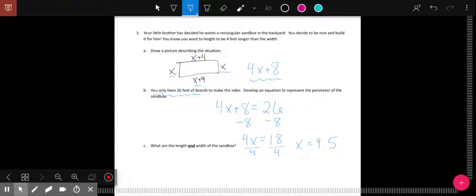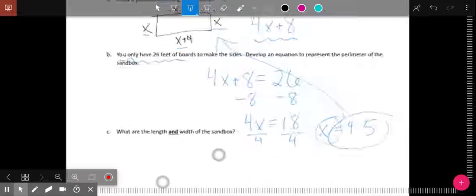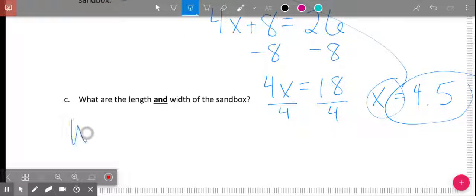All right, so that is the width of my sandbox, because since I said this is x, right? Okay, and I said the width up here was x. So I know that the width has to be 4.5 feet. So we're all going to label that. The width is 4.5 feet. Oops, not 4.2.